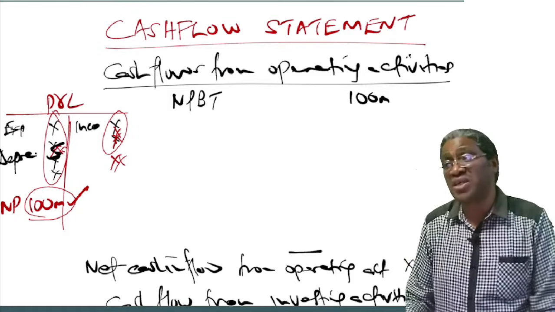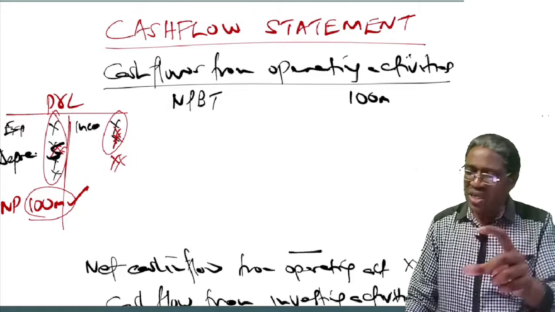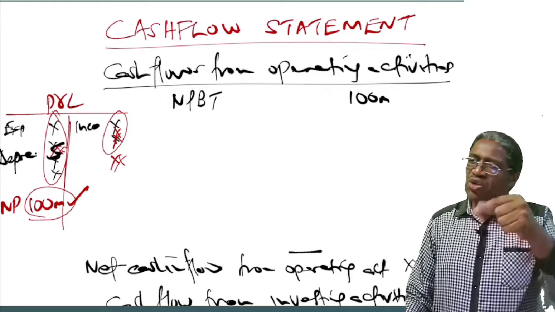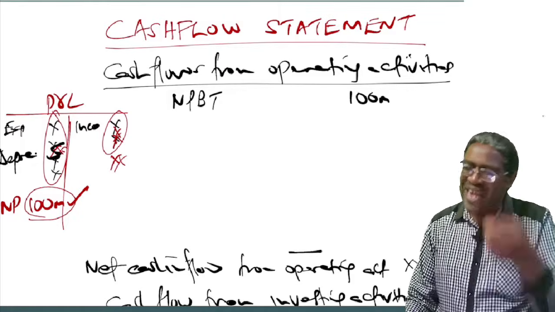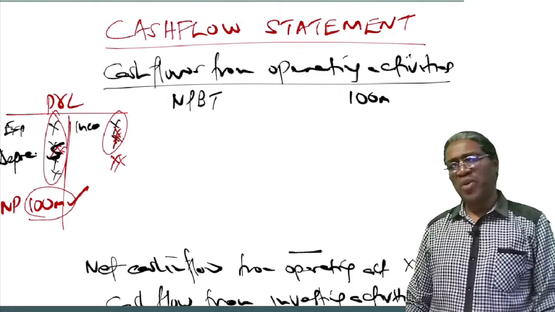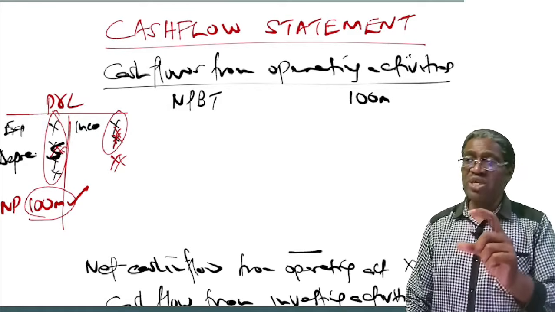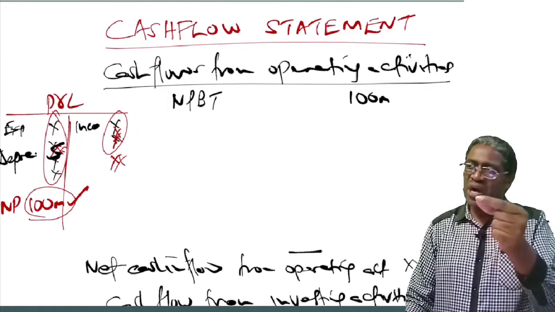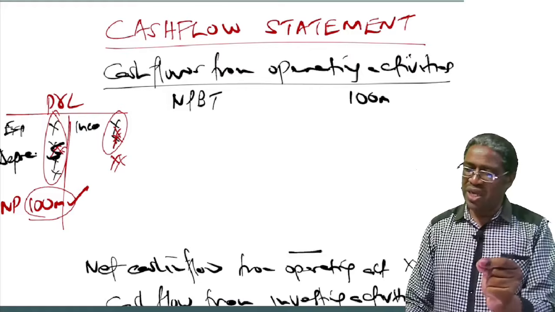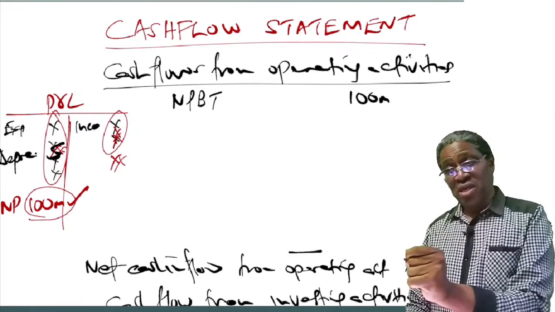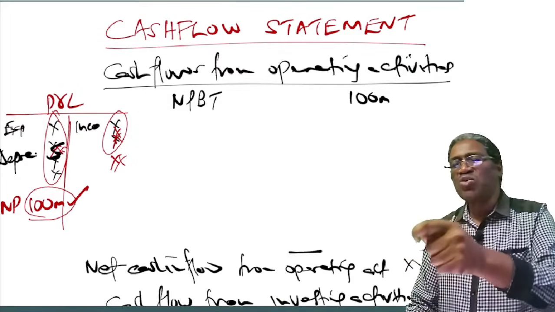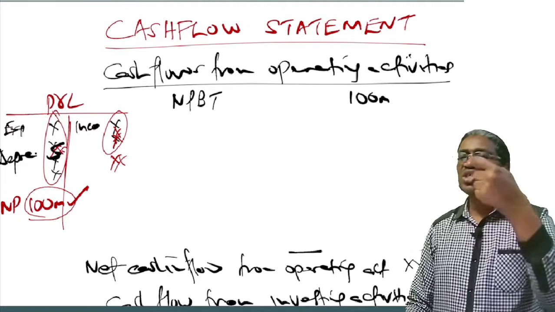But we are saying that 100 million is not the true net cash inflow, because there are some items that could have been debited or credited in the P&L account which are non-cash items.